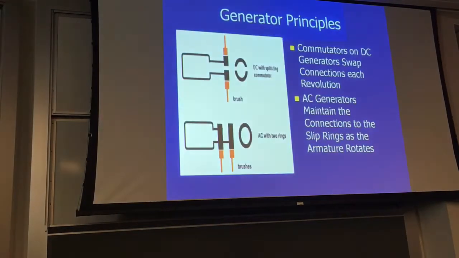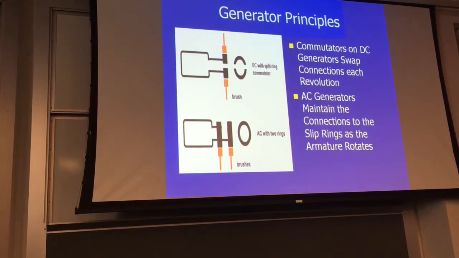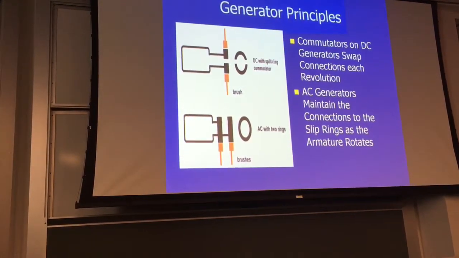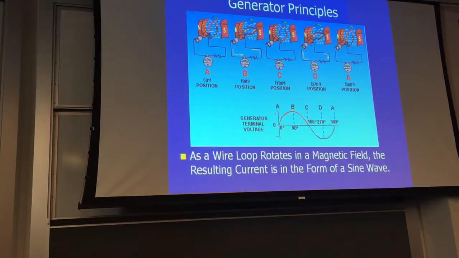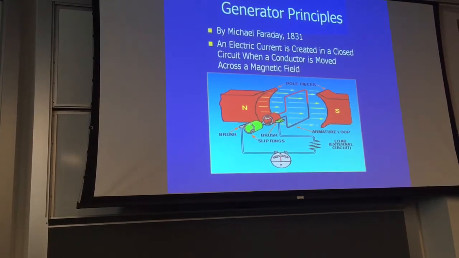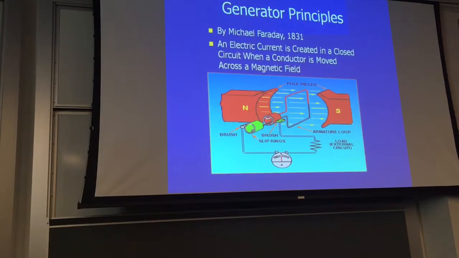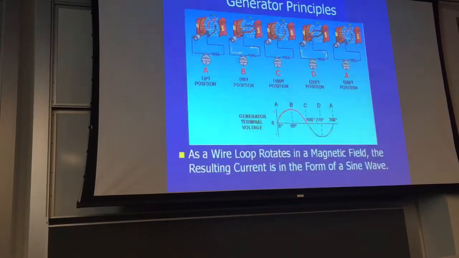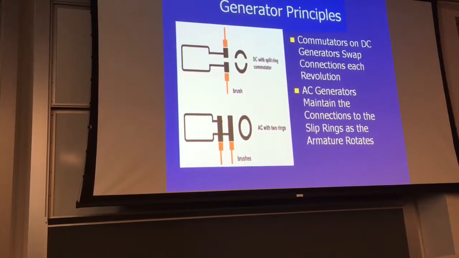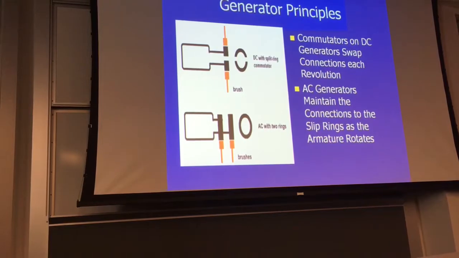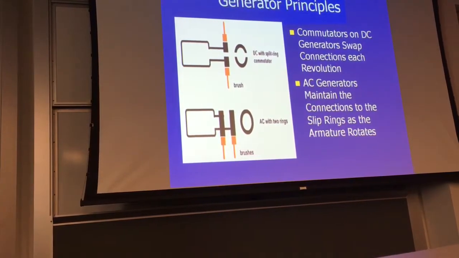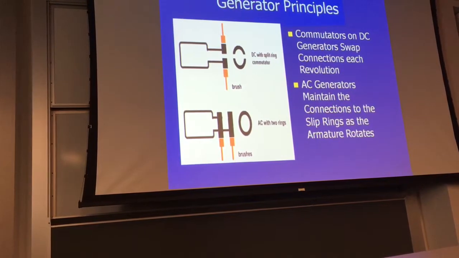So what about DC? What if we don't want an AC? Well, what we do with the DC is we take and split the rings. Instead of having two separate rings for the conductors at the end of our little loop of wire, now we put one on each of these so that as it rotates, every 180 degrees, we switch polarity.